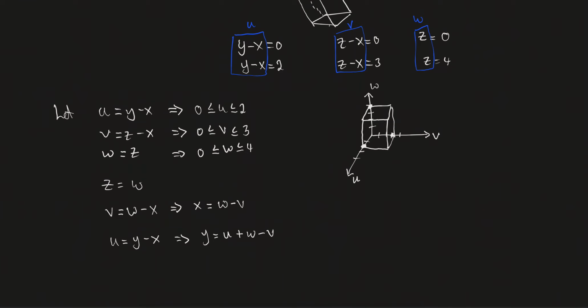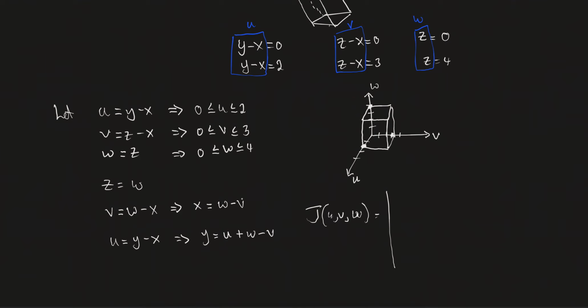So these are the three equations that we need, and now to set up the Jacobian, we need all these partial derivatives. So our Jacobian, I'll just use this notation. Now, because the equations are all linear, our partial derivatives are going to be nice constants. So let's start with the x equation and find the partial derivatives in terms of u, v, and w.